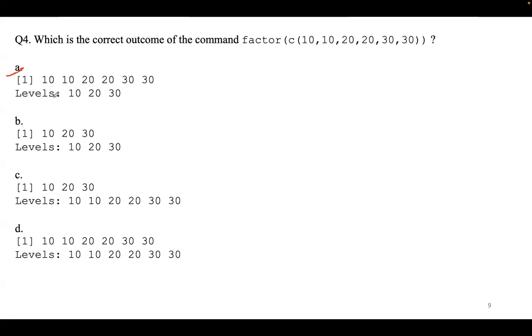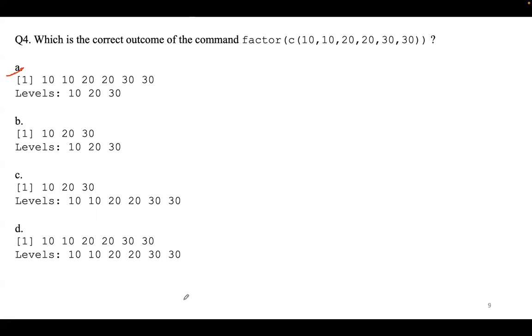And the second line is levels, and you'll just have the unique elements, and they will be arranged in either the alphabetical order or in ascending order. They're not going to be by default in the order in which you gave it. Had it been 20, 20, 10, 10, 30, 30, in that case also the levels would have been 10, 20, 30.